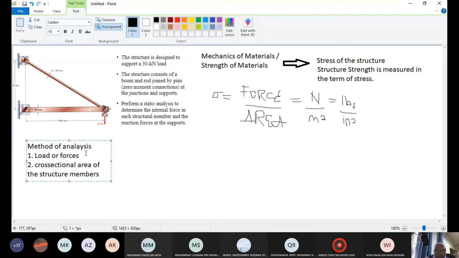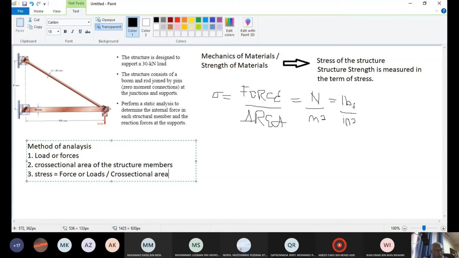Third, calculate the stress by dividing the force, the load, over the area. So that is 3. You have to remember this.